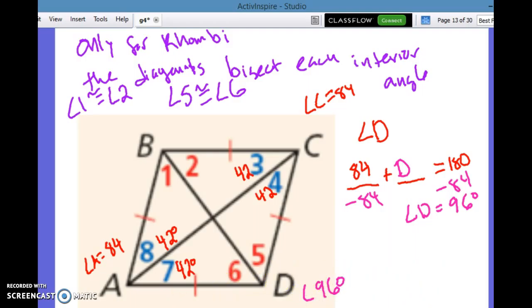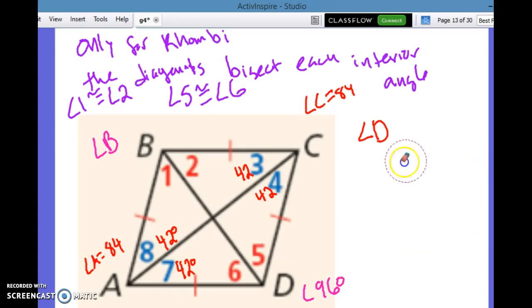What other angle is going to be equal to 96 because of the properties of parallelograms? Angle B, right? Opposite angles are always going to be the same. What's really nice is if you know one angle inside of a parallelogram, you can find all the interior angles inside of a parallelogram. It's very, very helpful.